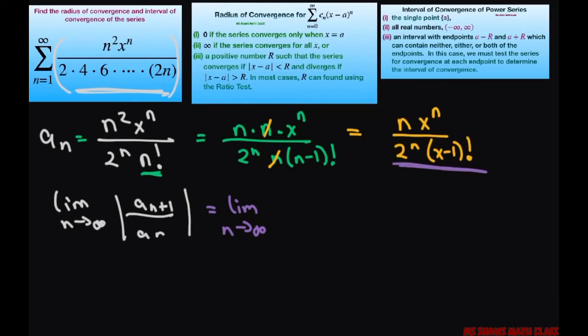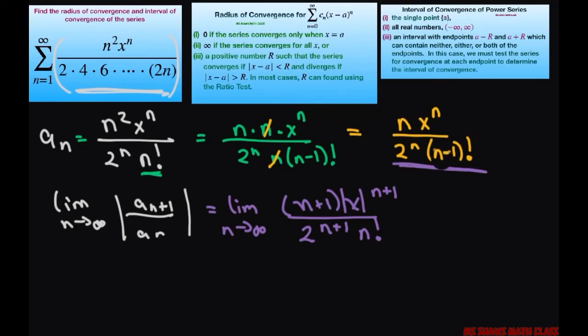So that's going to be n plus 1 times x. We can go ahead and put just absolute value on the x. That's all we need. So we're going to put n plus 1 divided by 2 to the power of n plus 1 times n factorial. Let me change this to n.